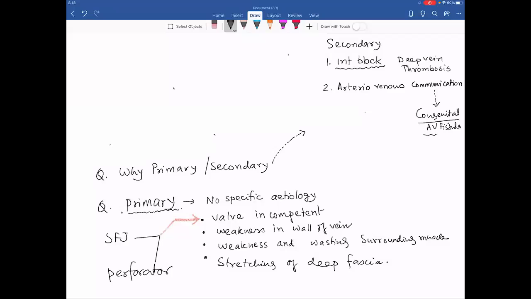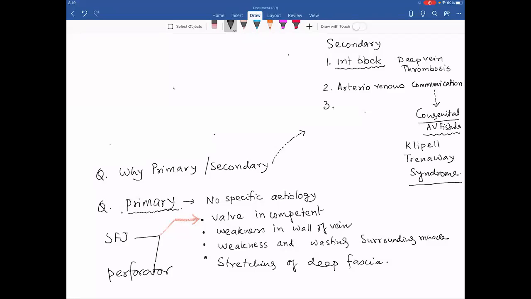The answer for this is yes, sir. I have heard of a syndrome called Klippel-Trenaunay syndrome. Bas, this is enough for an MBBS exam. Not a single word beyond this. AV communication is this.